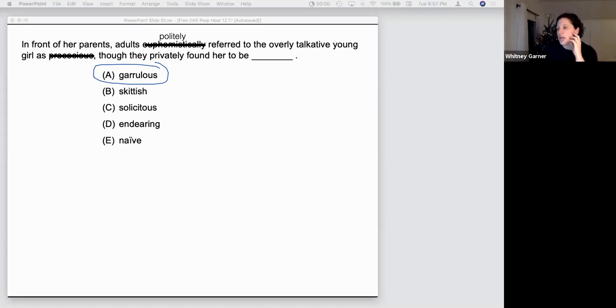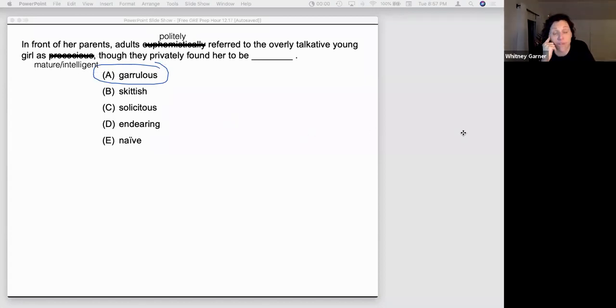Yeah, right. So precocious would be someone who is advanced for their age, mature, talented or clever, intelligent. So we politely called this overly talkative young girl mature or intelligent.